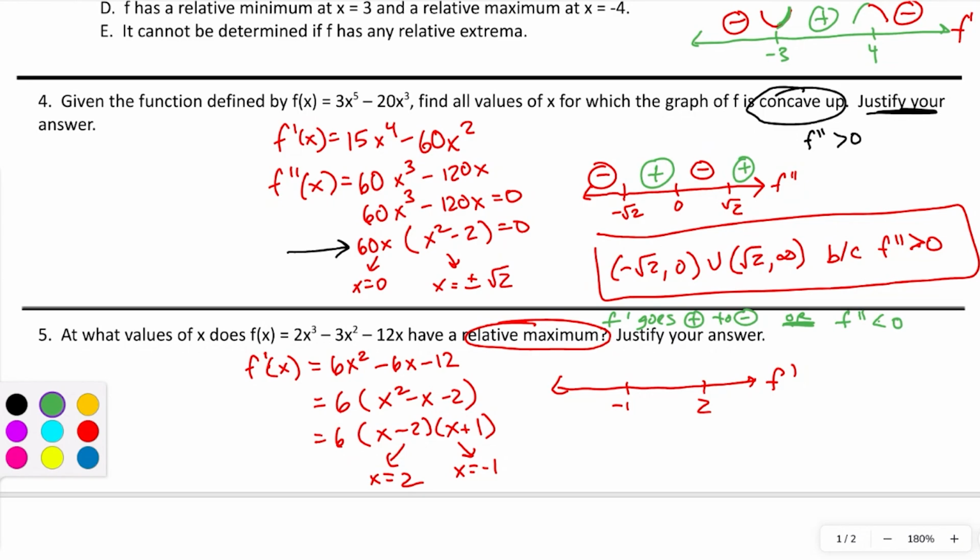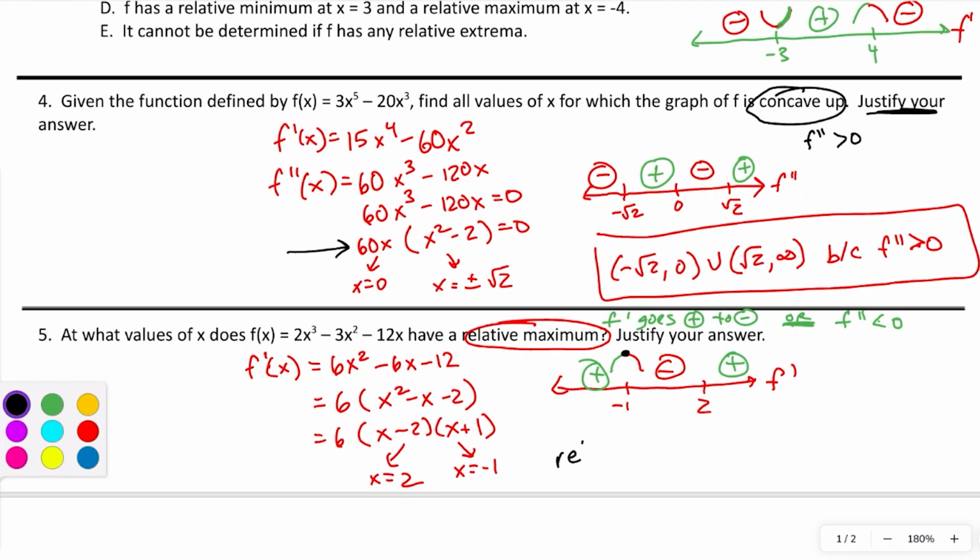So if I plug in a number like negative 10, I'm going to get a negative times a negative, which is positive. If I plug in 0, I'm going to get a negative times a positive, which is negative. And if I plug in a number like 10, I'll get a positive times a positive, which is positive. So we're looking for where f prime is going from positive to negative. And we can see that the slope of f here is increasing followed by decreasing, and therefore has a relative maximum here.